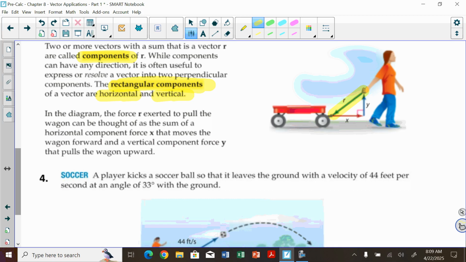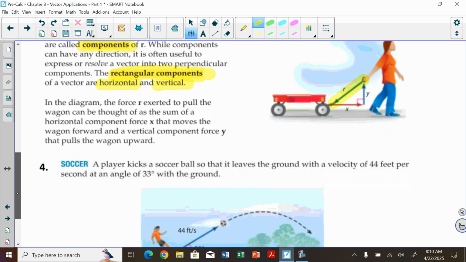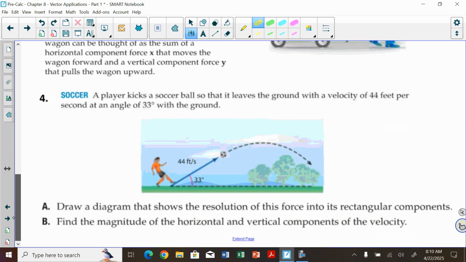That's the resultant of basically X plus Y, right? So X is the horizontal, Y is the vertical vector. So we see that X is the force that moves it horizontally, and Y is the one that moves it vertically. That makes R. This gets easier because now you're just trying to find a vertical or horizontal marking.